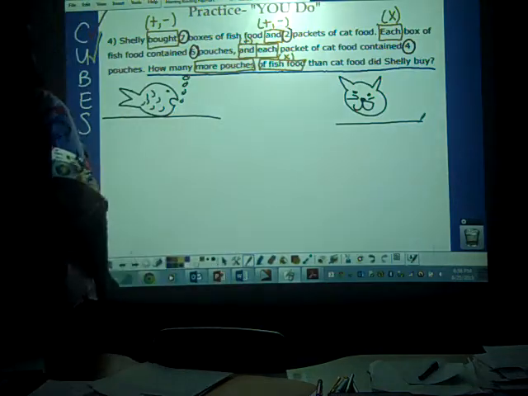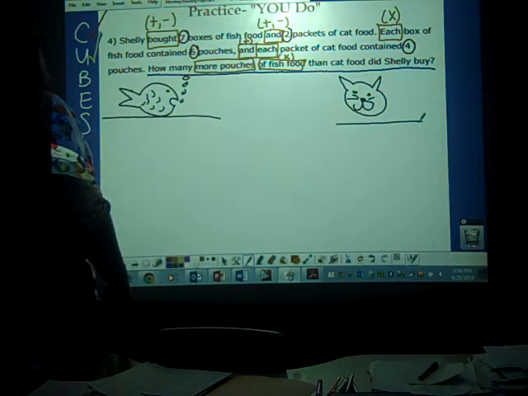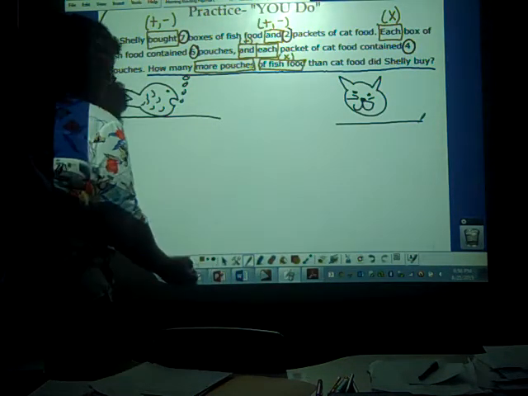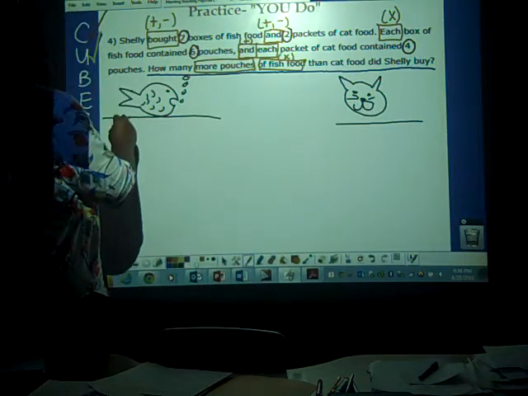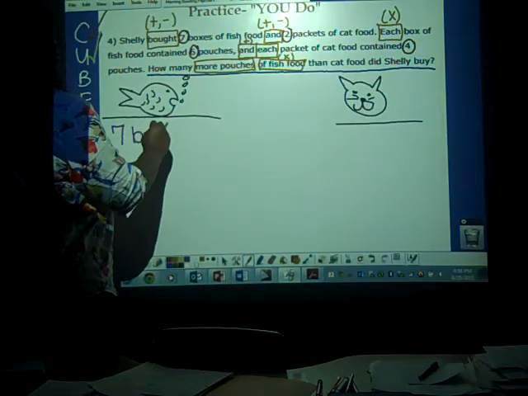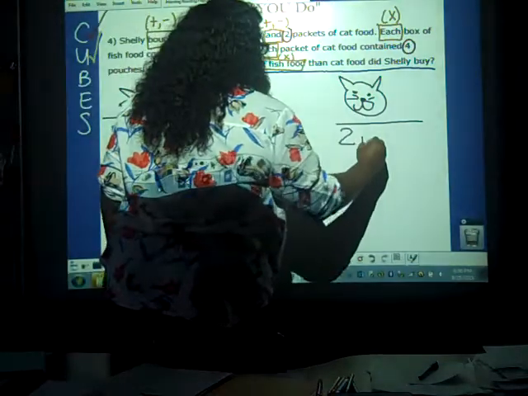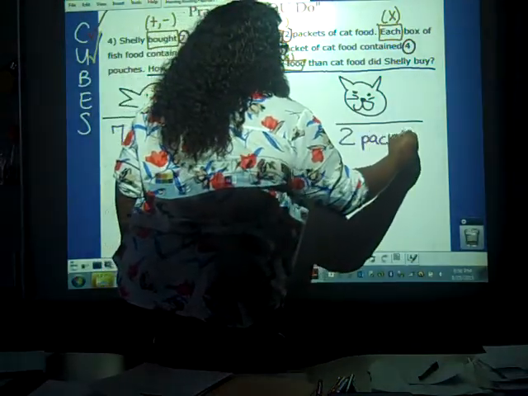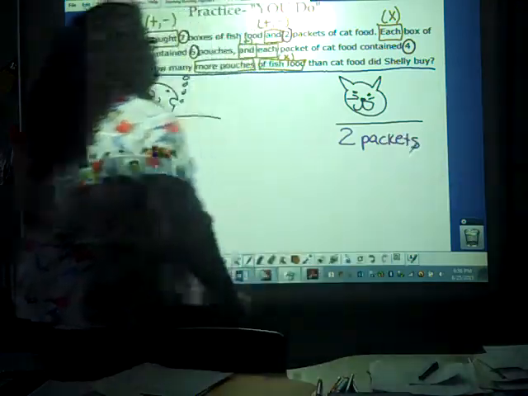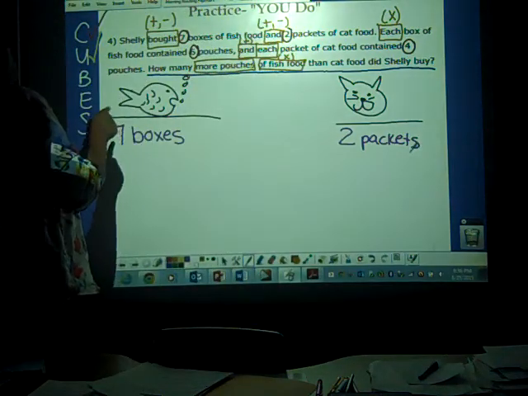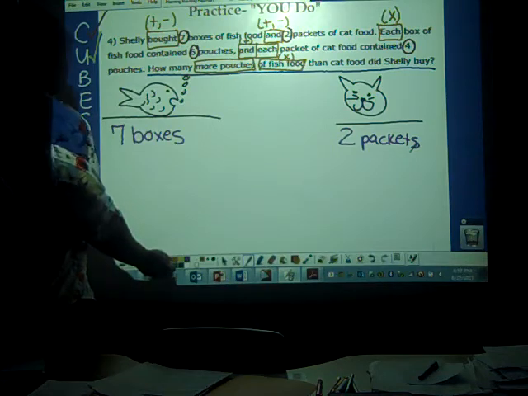Sorry. All right, Shelly bought 7 boxes of fish food. 7 boxes. 2 packets of cat food. Each box of fish food contains 6 pouches.